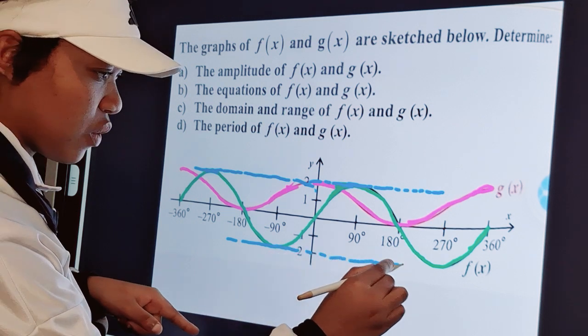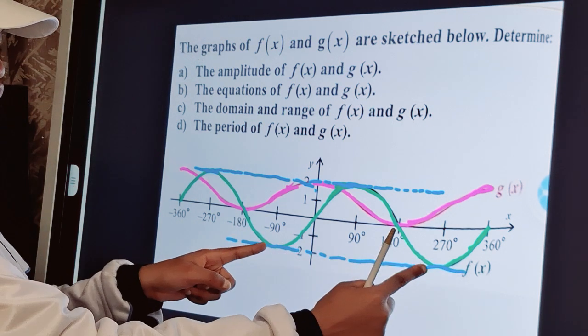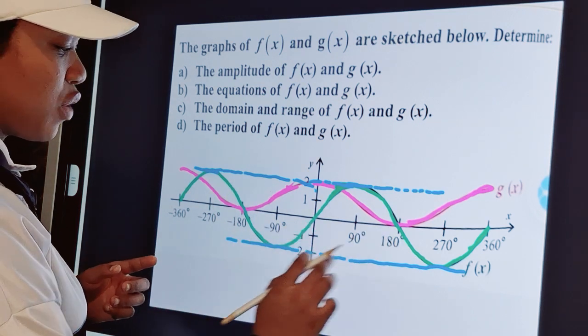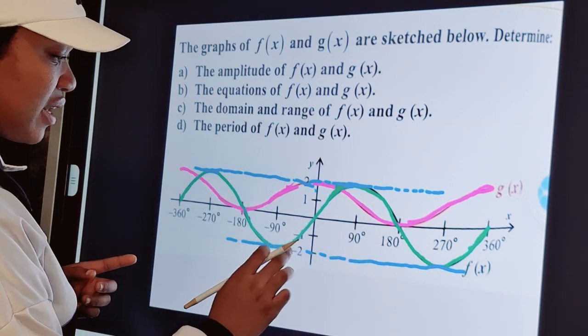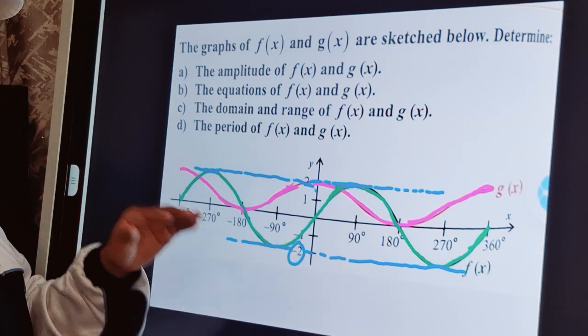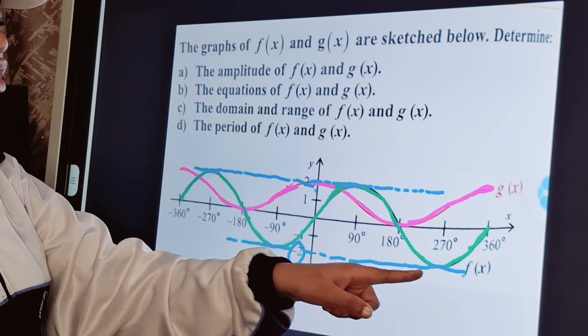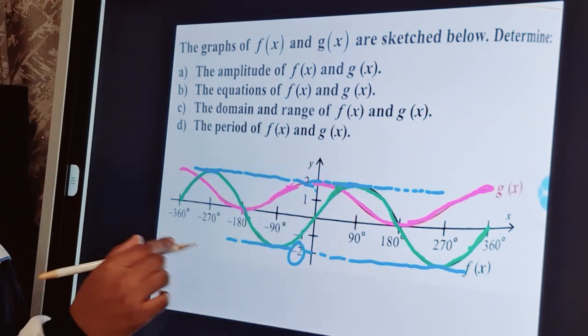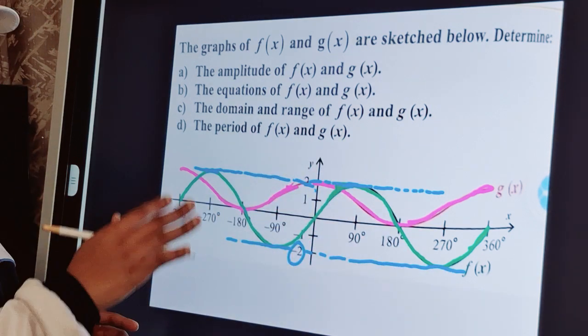There is also another one here, and those two points are on the same level, at negative 2 on the y-axis. So the y minimum is negative 2.